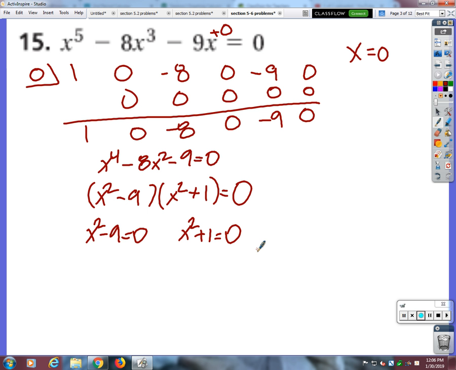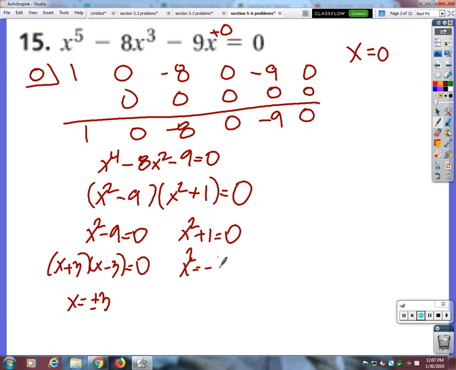How do you solve this one? I could, yes. This is the difference of two squares. I could factor this into x plus 3 times x minus 3, and that tells me what two numbers work. Plus or minus 3. And then this one here does not factor, so I have to solve it the old-fashioned way. Subtract 1.